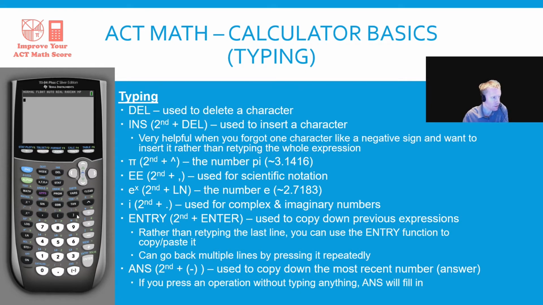And you can see things like parentheses. You have arrow keys at the top, up, down, and left and right to move around. Then there's also an enter key at the bottom, which is what you hit just to execute an operation or a calculation.